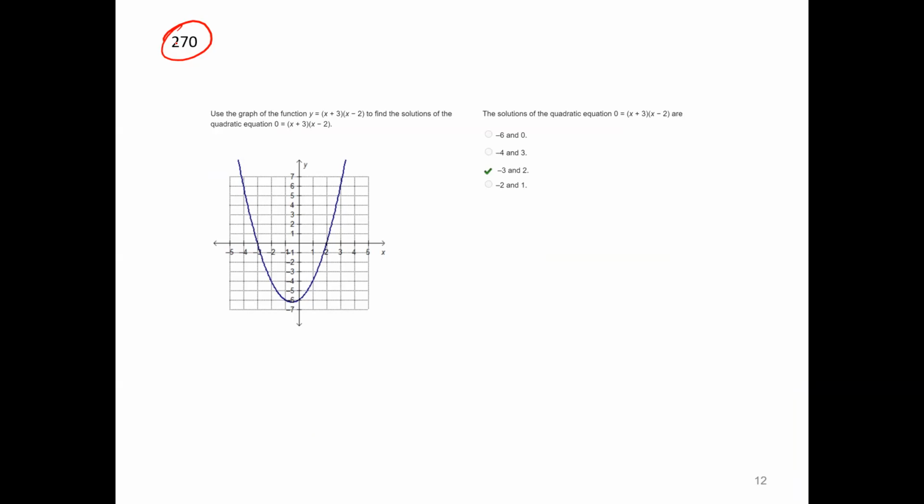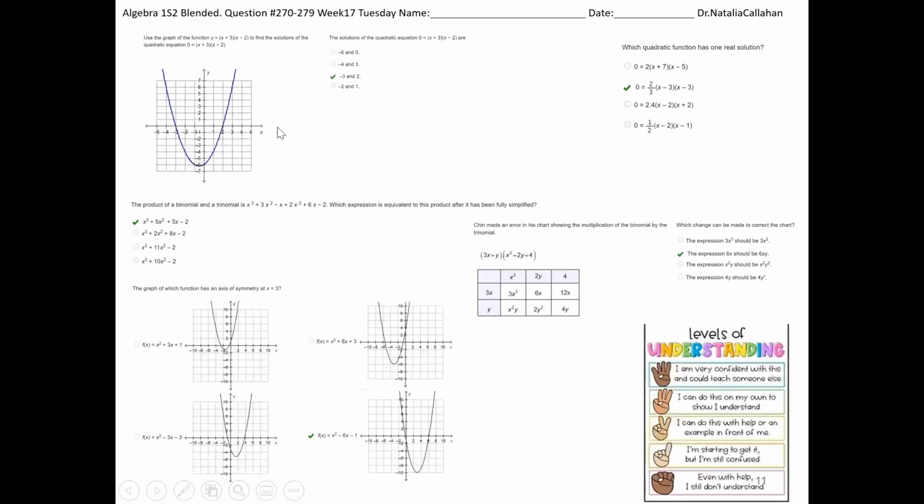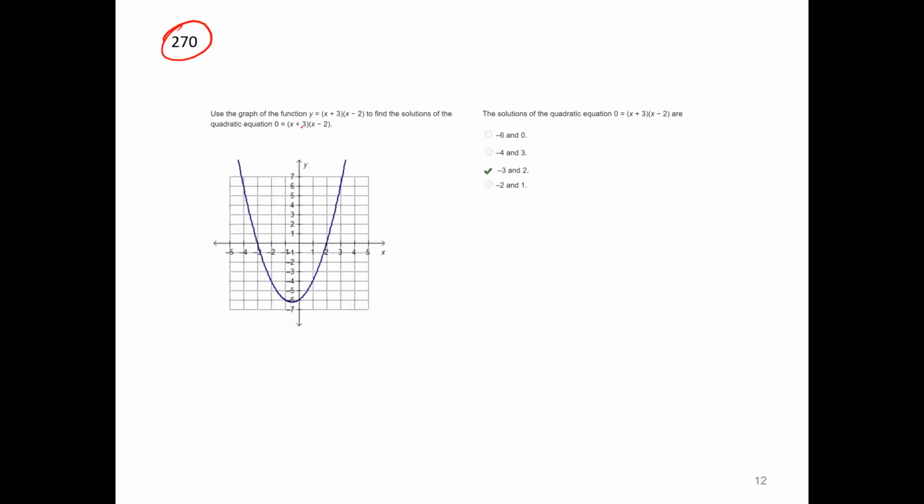Okay, so for 270, it says the graph of the function. Wait, did we go over this one? Am I crazy or did we go over this one? Do I have the wrong one? No, it's week 17 Tuesday. No, that's correct. All right, that's okay. We'll just go over it again. I feel like some of these questions are repeating, maybe I'm just making it up, because I started using untagged.